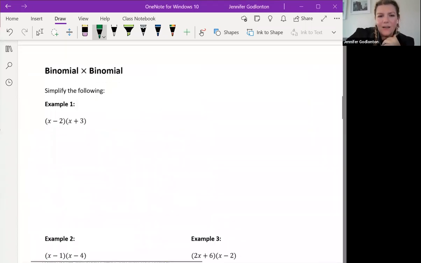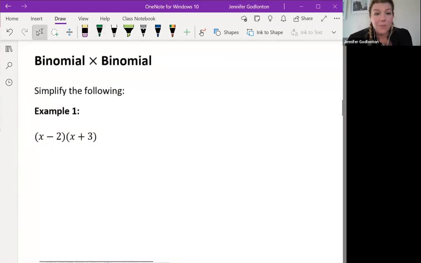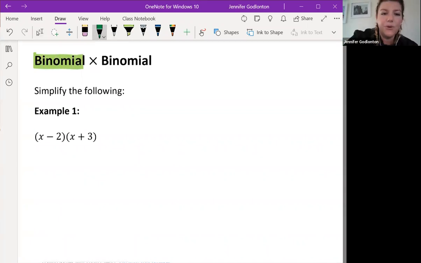Okay. So I'm going to do this one. I'm going to talk you through this one slowly. I'm going to go through it step by step. And then I'll give you one to try by yourselves. Okay. Now, a binomial times a binomial. The word binomial is really a fancy word for saying that there are two terms.